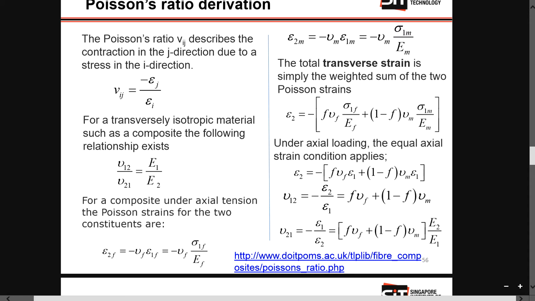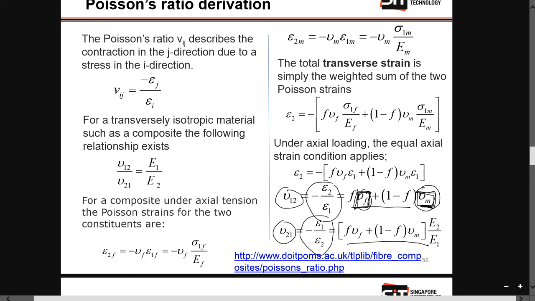As you can see, your Poisson ratio 1 2 and Poisson ratio 2 1 is equal to either the difference between the strains or this equation, and this equation uses the volume fraction of the matrix and the volume fraction of the fiber. My fault, I should say that this is your Poisson ratio of your matrix, and this is your Poisson ratio of your fiber.